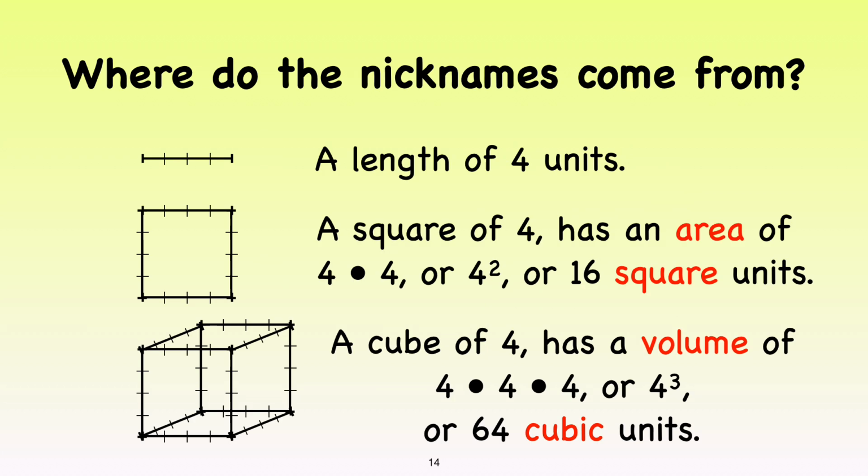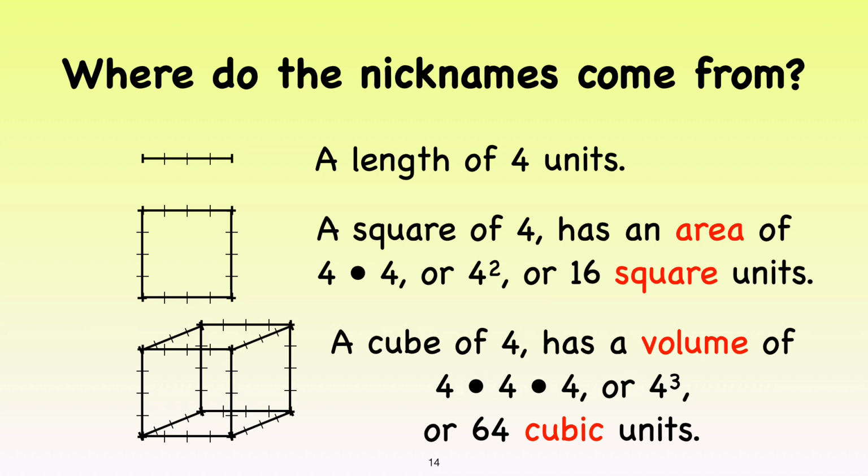Let's start with a length of 4 units. If you build a square with side length of 4 units, and it doesn't matter if the unit is inches or centimeters or something else, then the square has an area of 4 times 4, or 4 squared, which is 16 square units. 16 is the square of 4, or 4 squared is 16.